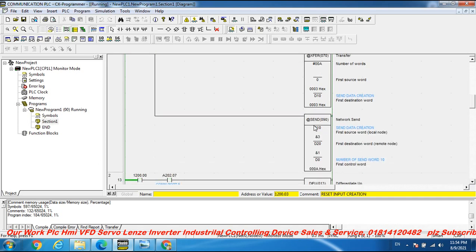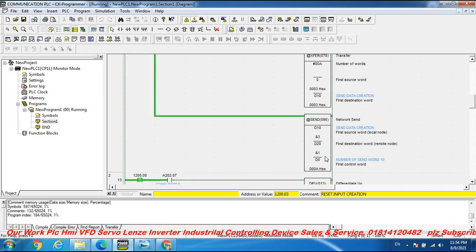Now explain SEND. D10 is the send data creation, and #0003, D20 and D0 10.